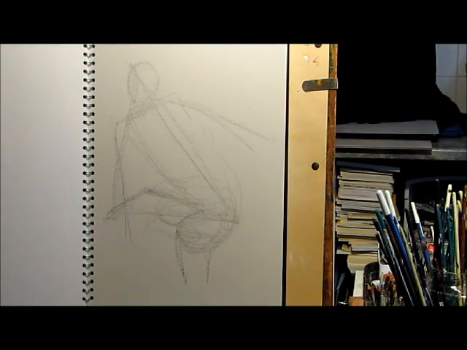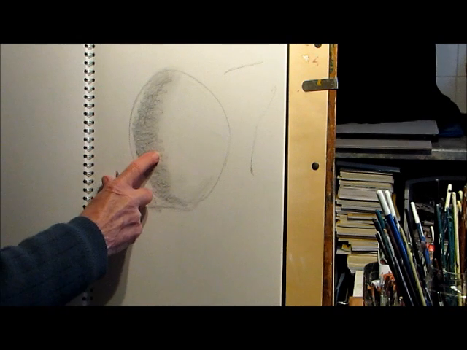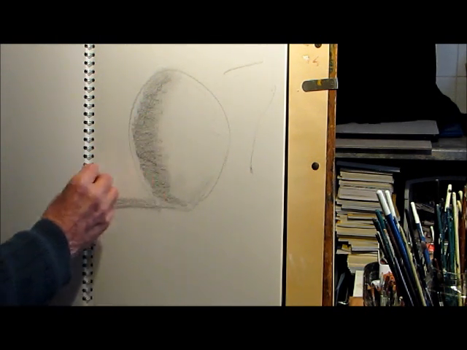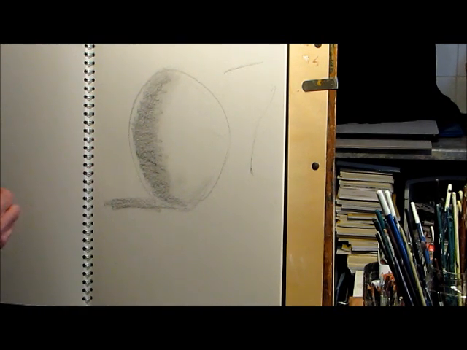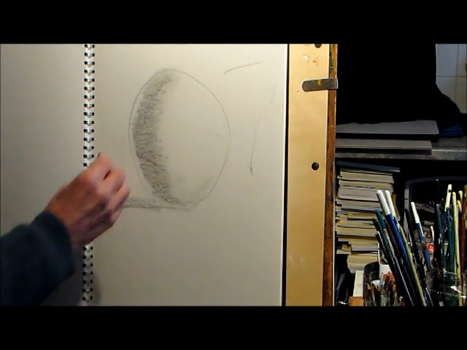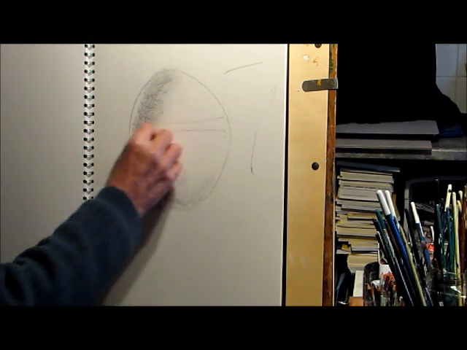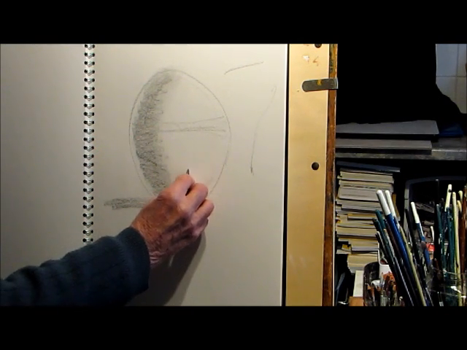Now let's for the moment go back to the first one, and now we're back to this oval which has become an egg, and now we're going to develop it into an actual face. This is where mathematics comes into it, because with mathematics you get proportions, you get distances. For example, we know anatomically that the eyes fall about halfway between the chin and the top of the head. So let's say that's here. The mouth would become about here.